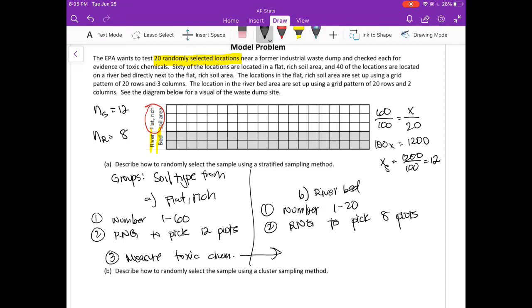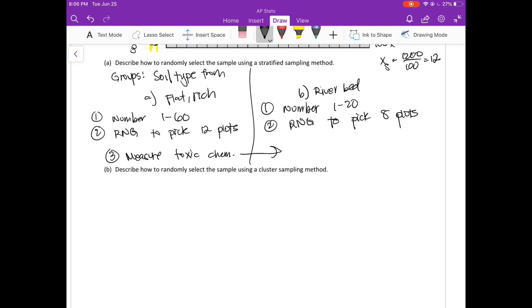So if you were to turn your paper 90 degrees to the right, this would be our row, and this would be your column. Okay. So this is our columns.